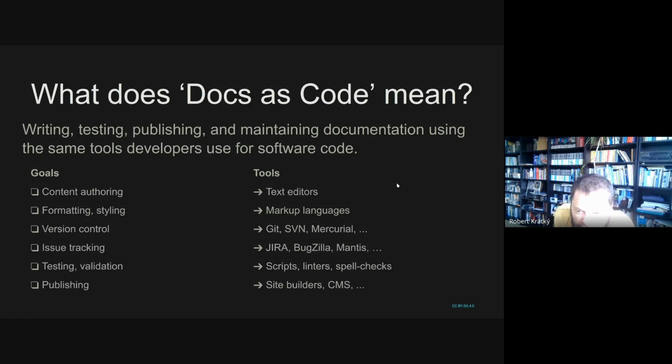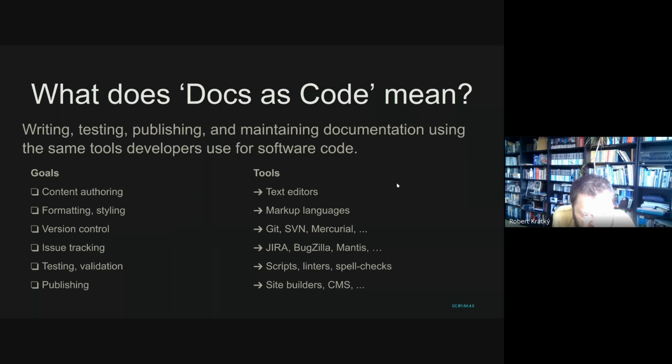Of course, there are other ways of developing code, but this as-code moniker really only applies to the so-called open source development model that is mostly these days done through Git.